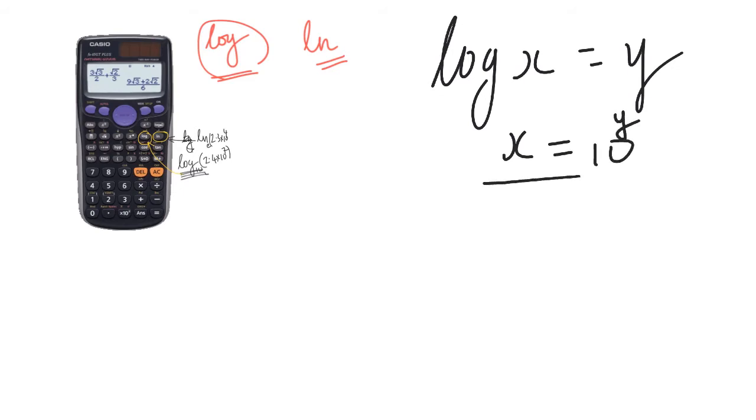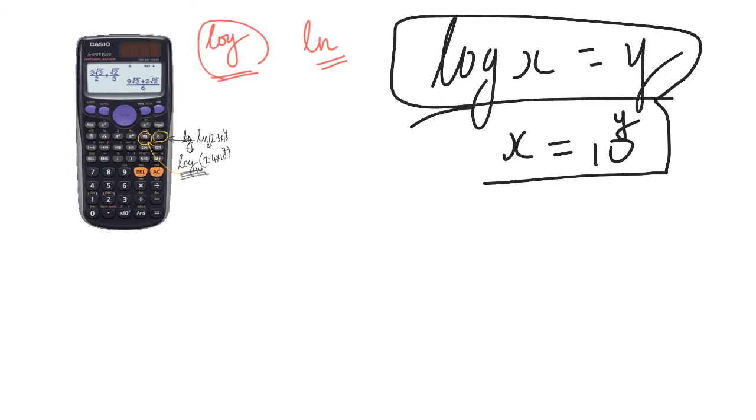So when you write log x equals y, this is what you're saying: 10 to the power of what gives you that number. Okay, for example, let's put a number here to understand this a little bit better. Okay, so we have log. You can try this number in your calculator.